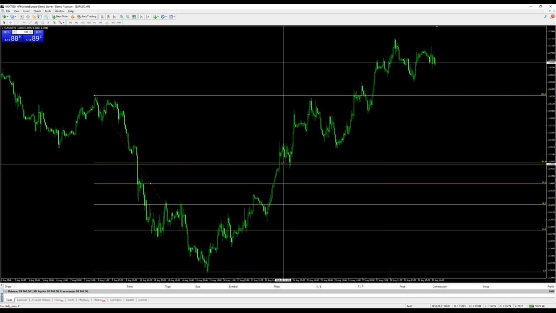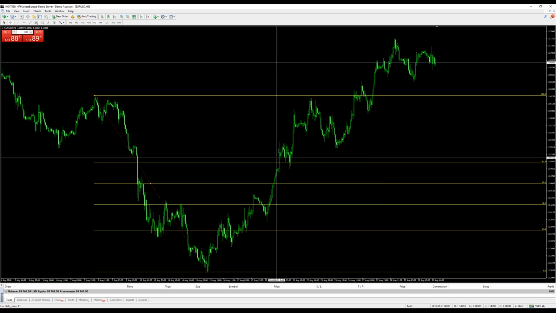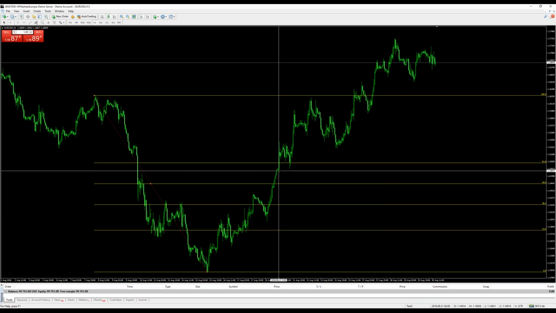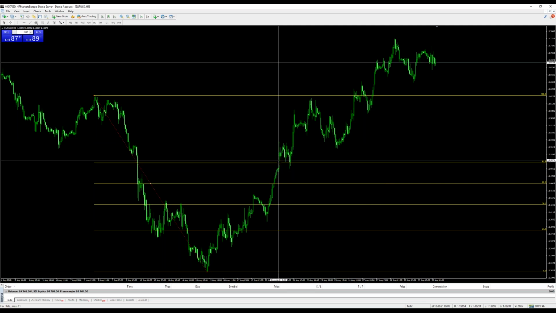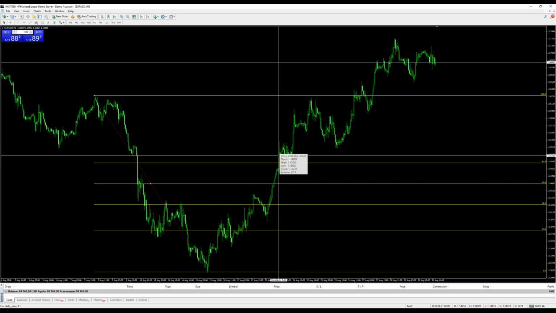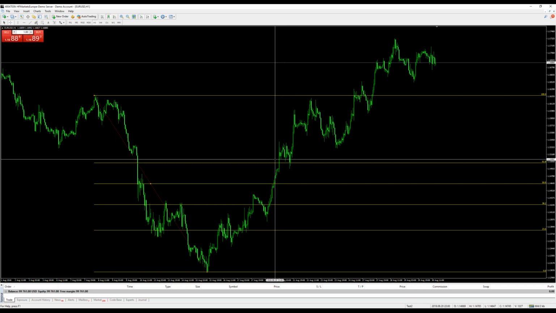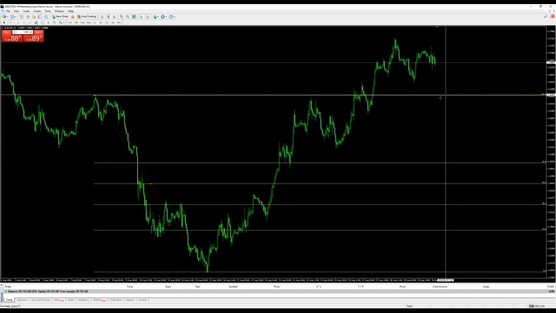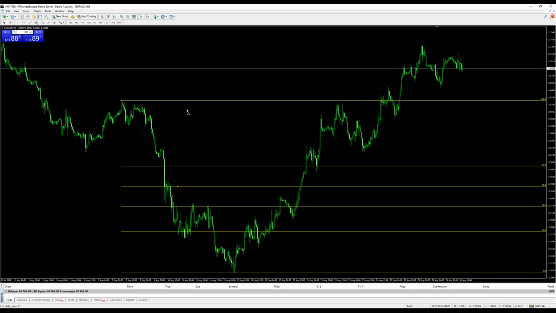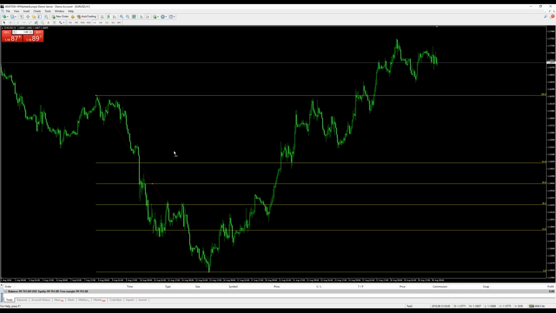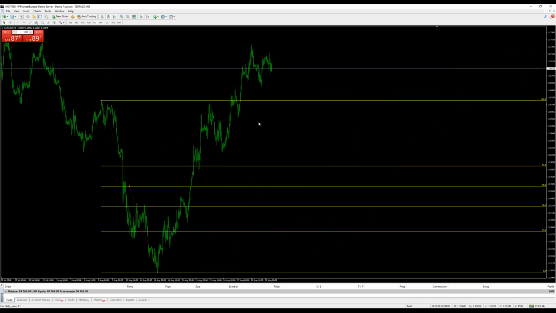On the 61% level, you do see that after the large candle pierced it, maybe there was some economic event or news hitting the market, we don't know. But after this candle pierced that level, you see some indecision, okay? So at the very 100% retracement, again, you see some indecision. Okay, that is that. Nothing really major happened on these levels with this example.